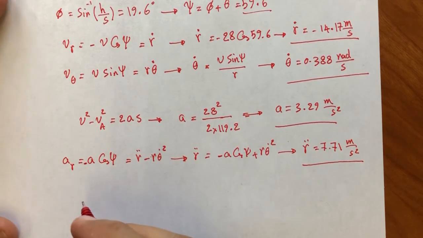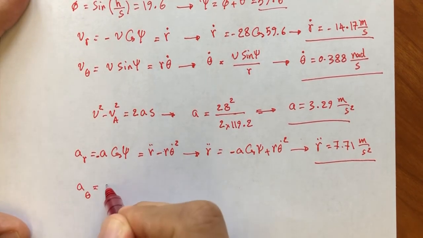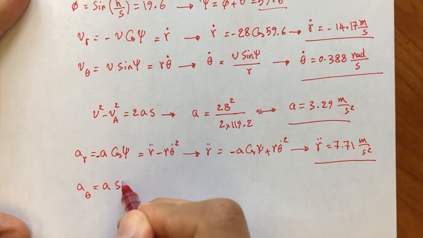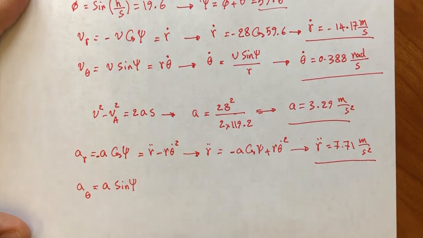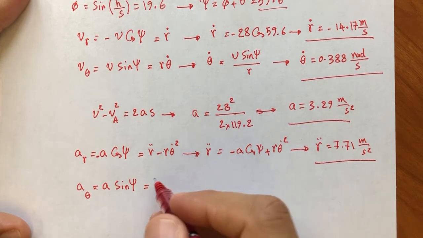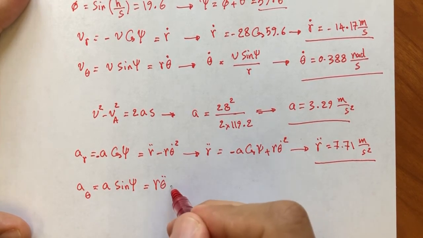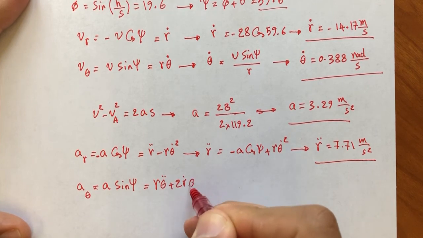And in the same way for theta direction, acceleration in the theta direction is going to be equal to a times sine of psi, and it's going to be in the positive direction. And we know this is equal to r theta double dot plus 2 r dot theta dot.